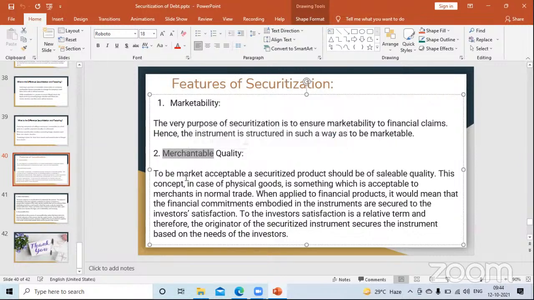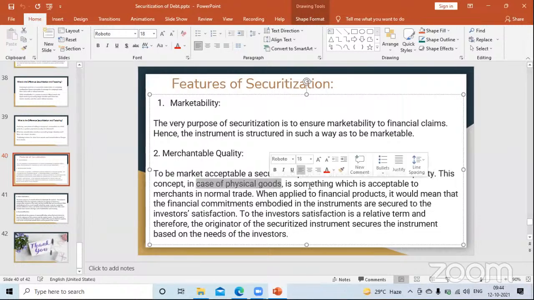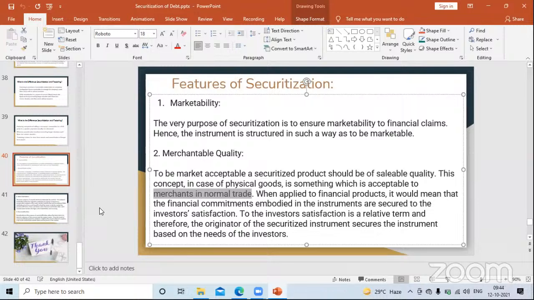Merchantable quality. The quality is very good. It is saleable. The securitized product should be of saleable quality. This concept in case of physical goods is something which is acceptable to merchants in normal trade. Now, when you convert such assets into securities, it becomes a financial product, a financial instrument.